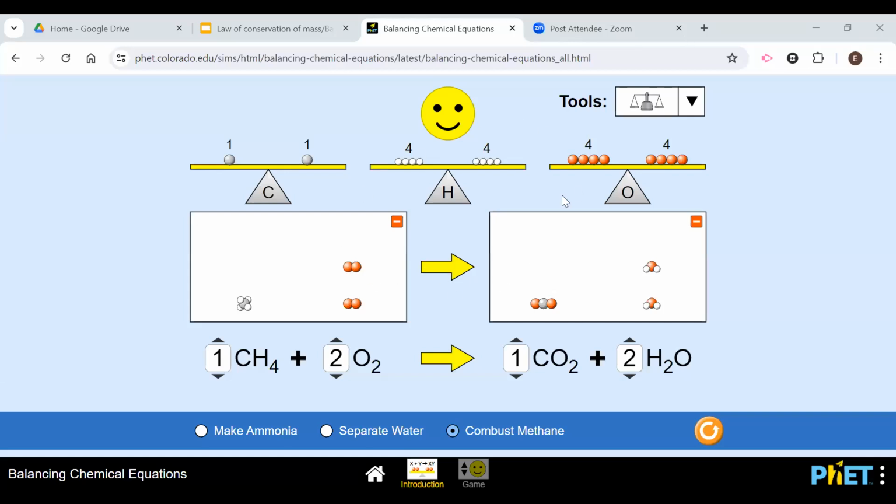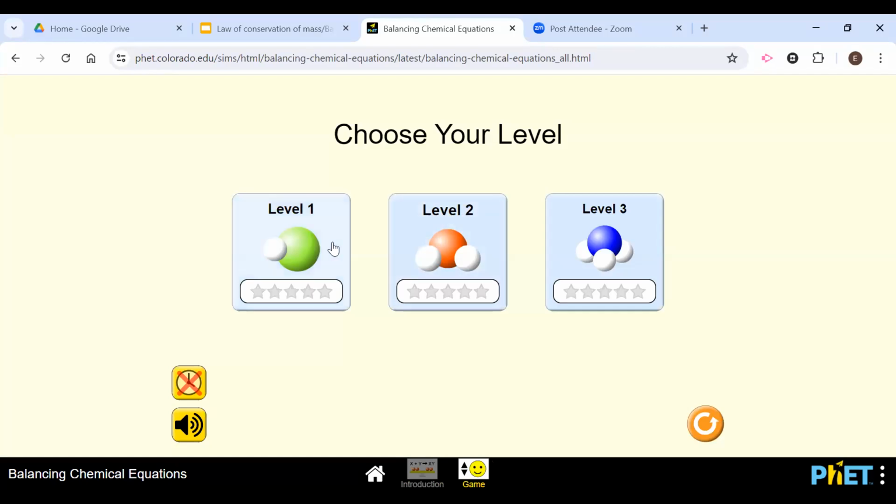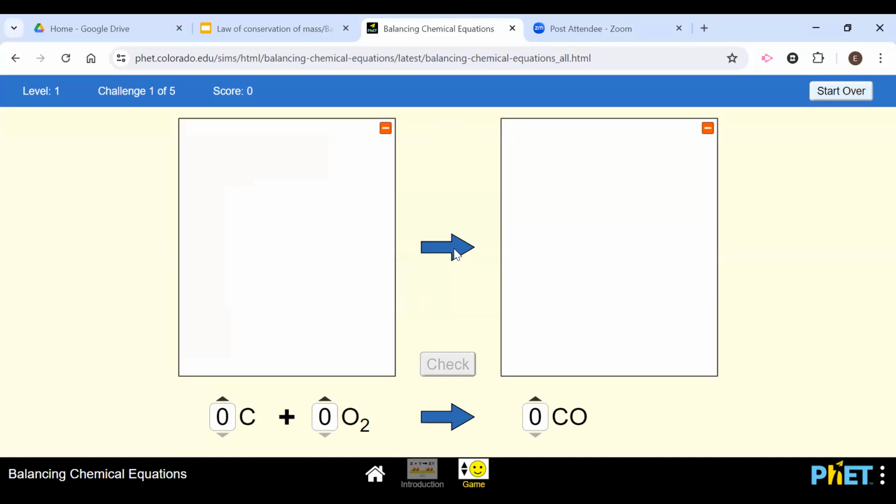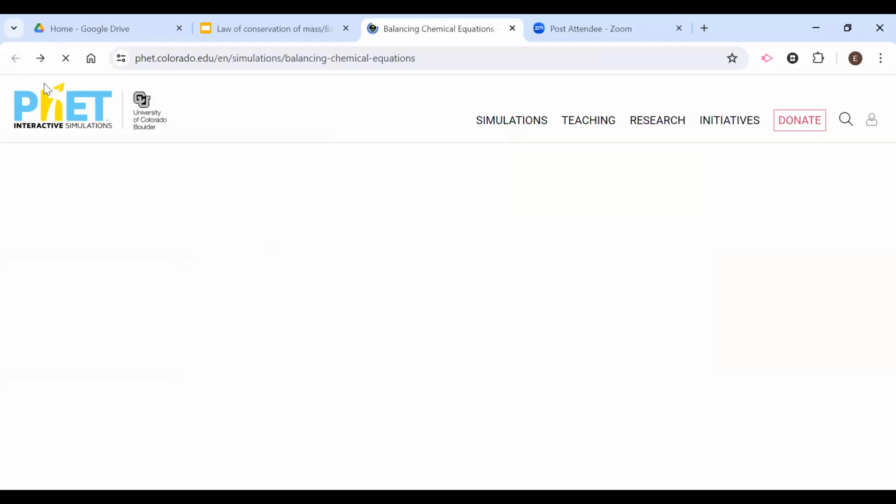Okay, this is it. Did you get it right? Now, what I want you to do is pause this video and do these 3 games. You see this? You finish this. This is level 1. When you get level 1 correct, you go to level 2. It will take you to level 2. Look at it here.